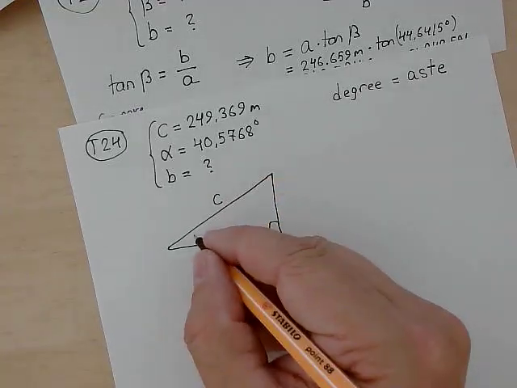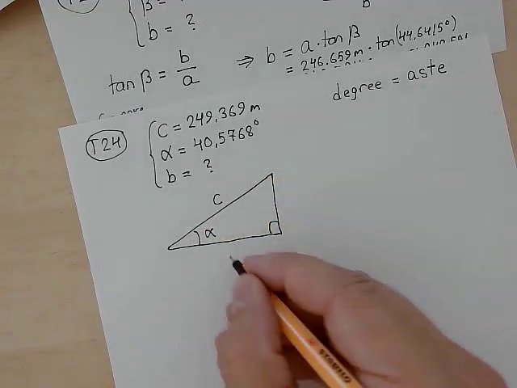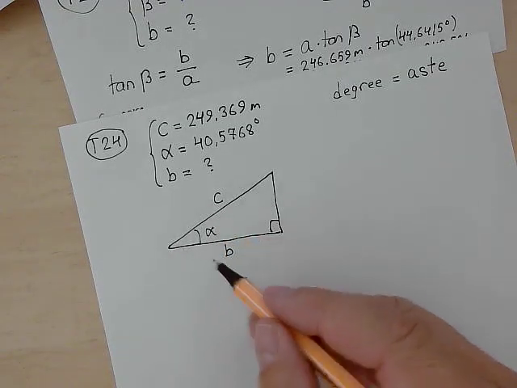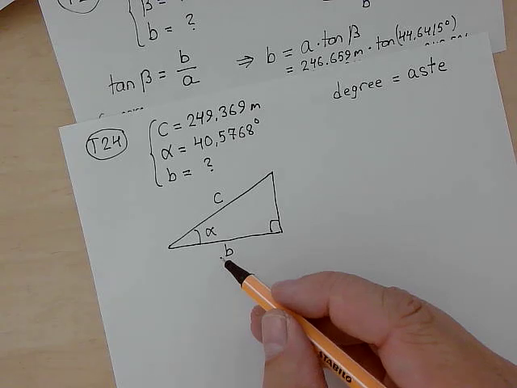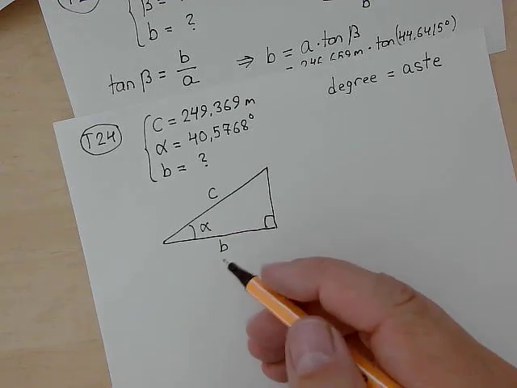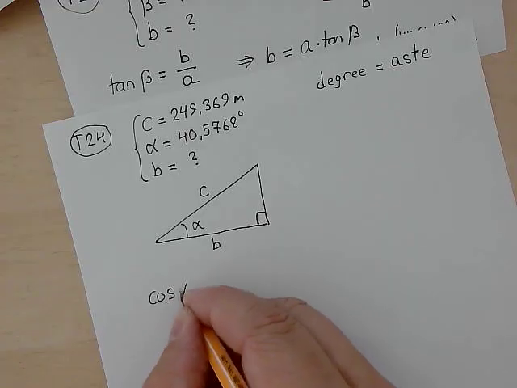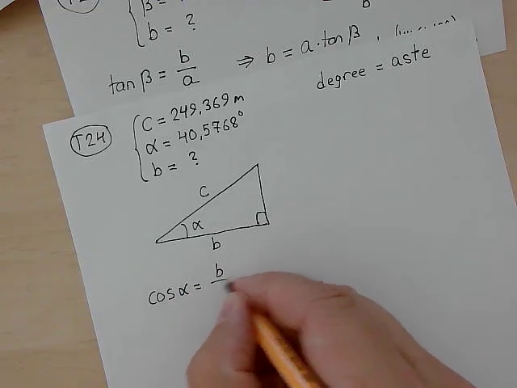C, alpha, and B. And as you see, they are touching each other, so cosine koskettaa, cosine touches. So cosine alpha equals B divided by C.